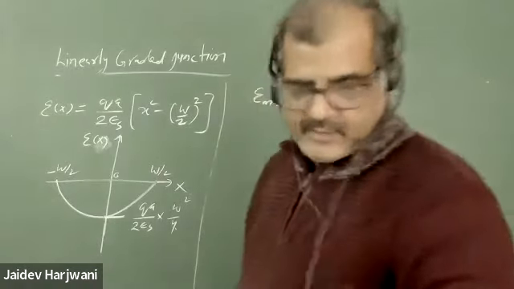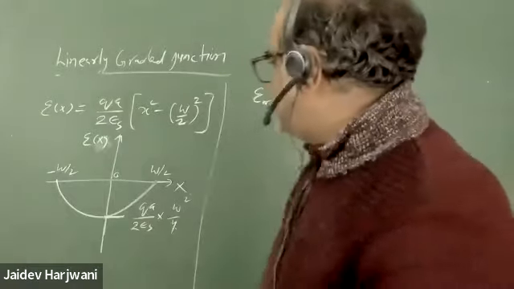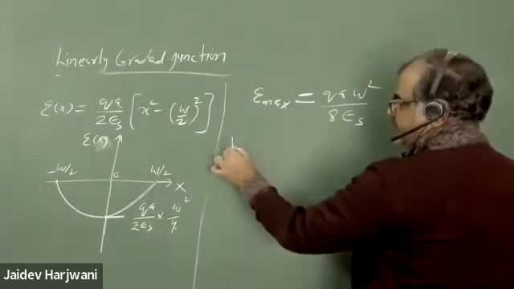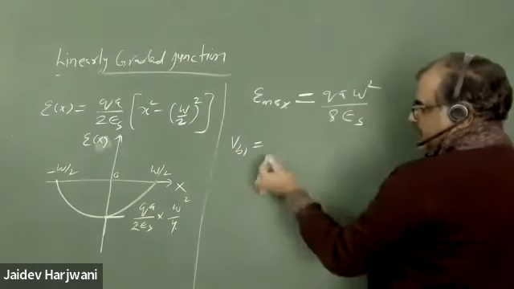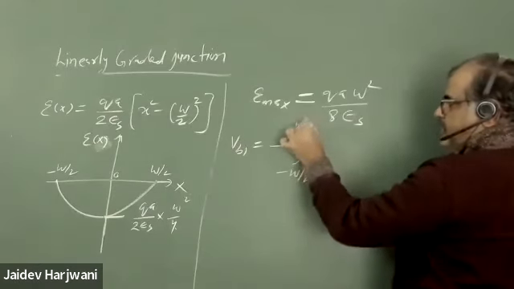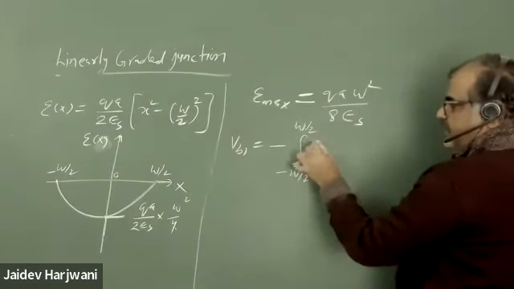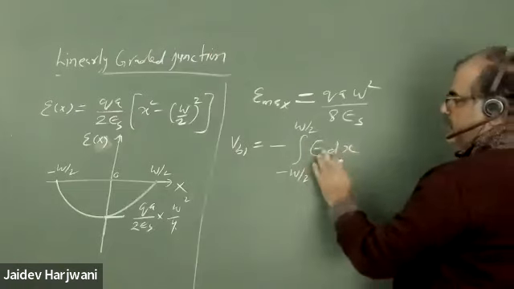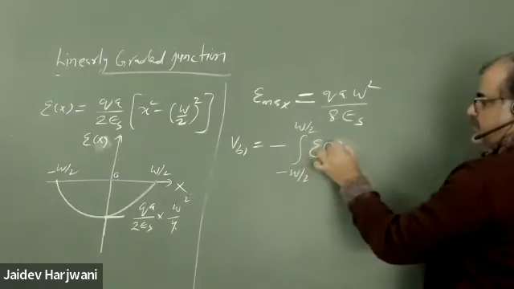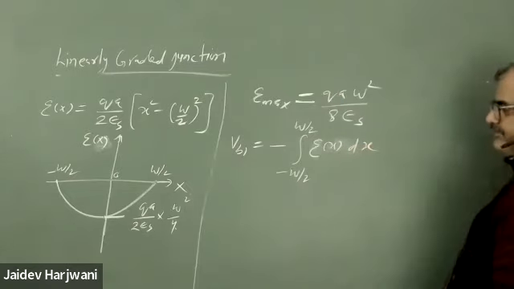Now you can also find the built-in potential V_BI. How can you find V_BI? It is simple. Now you know the electric field. You can integrate from minus W by 2 to W by 2 your electric field E dx, or whichever way you are writing E(x) dx.